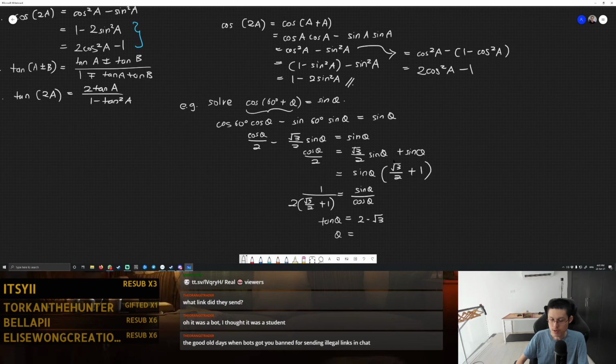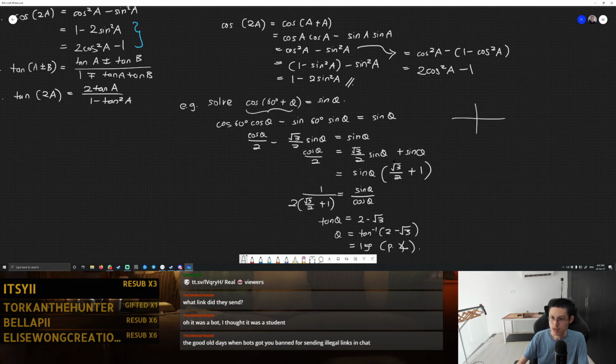So theta is equal to arctangent of 2 minus root 3. Okay, so arctangent of that is going to give me 15 degrees. So remember, this is your principal angle.